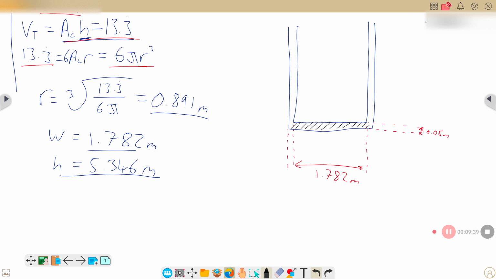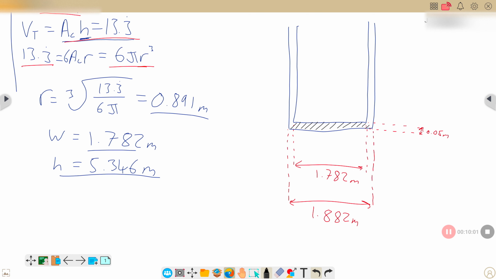This length here would be 1.782 meters plus 10 centimeters. So that will be 1.882 meters.